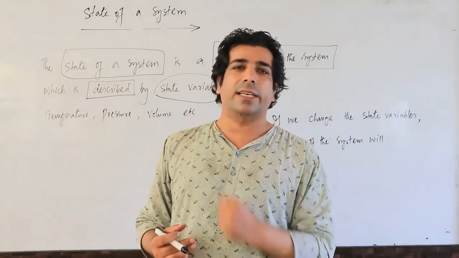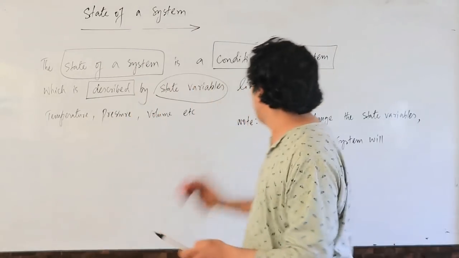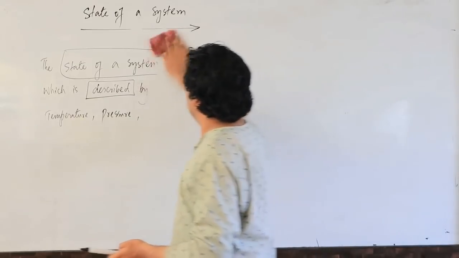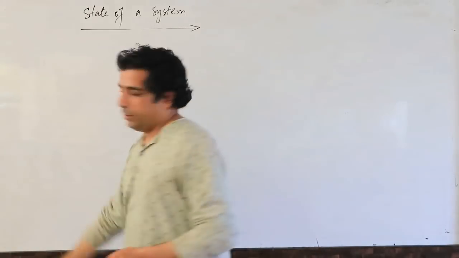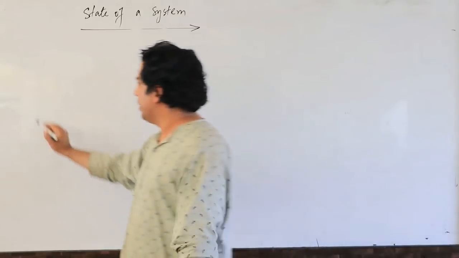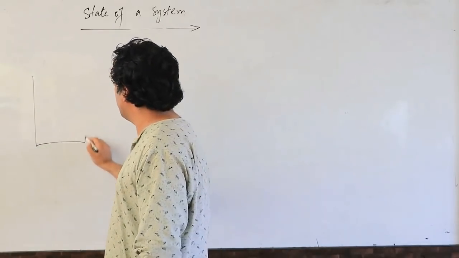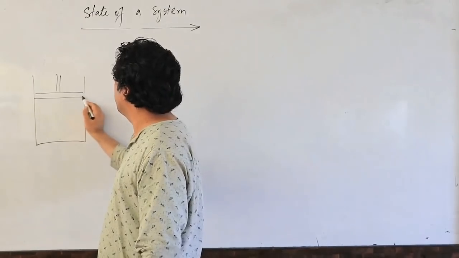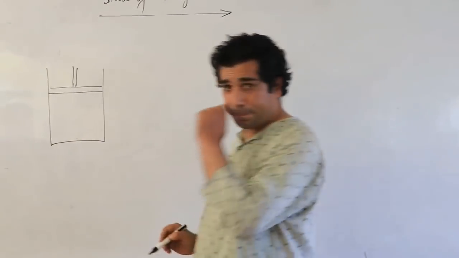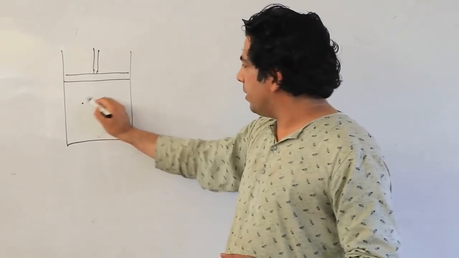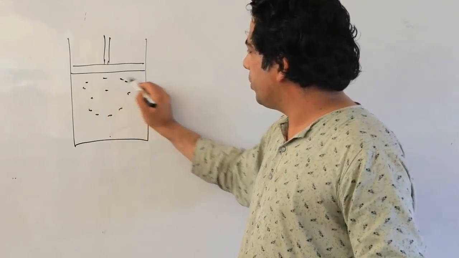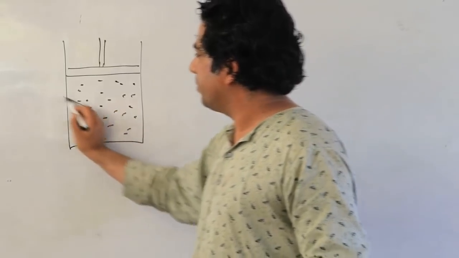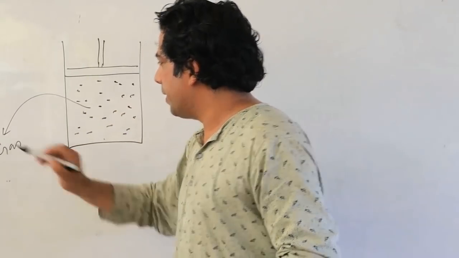Let us understand it in a better way. Let's take one diagram here. Have a look, my dear friends. Let us suppose I have a system with me here. This is the piston here. Inside this closed container, let us suppose we have gas here. So here is a gas.